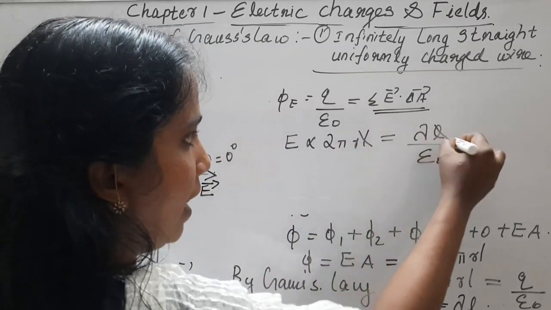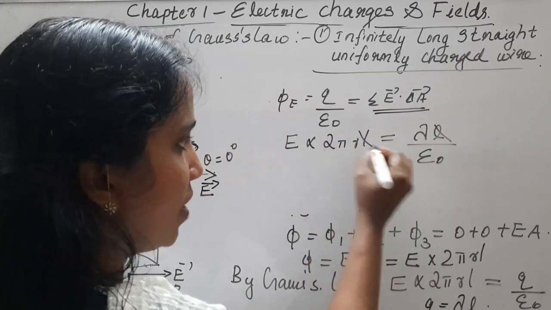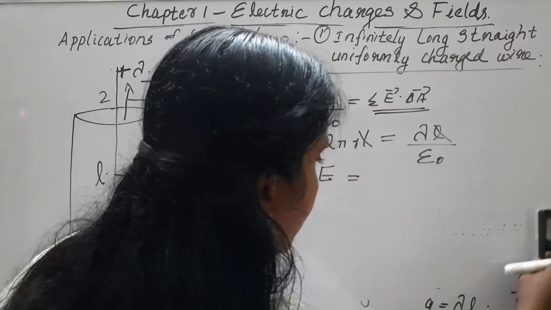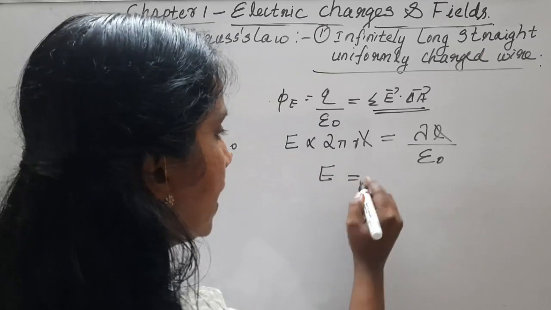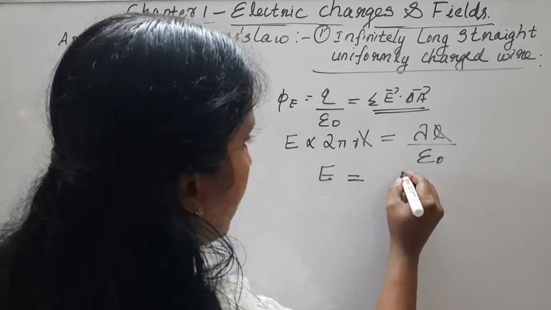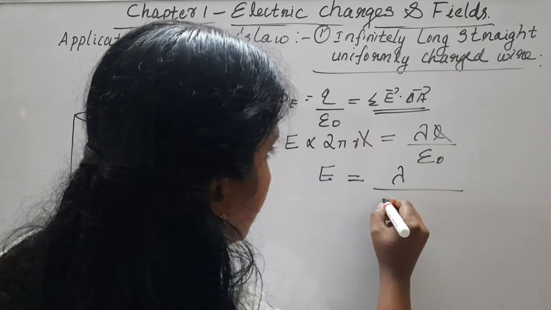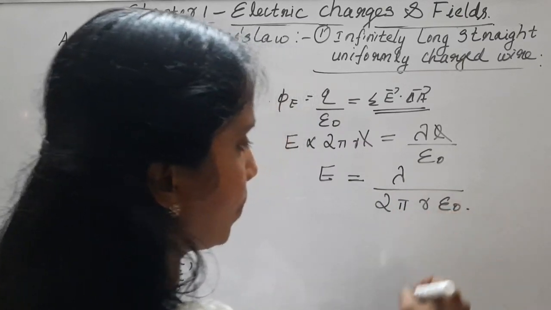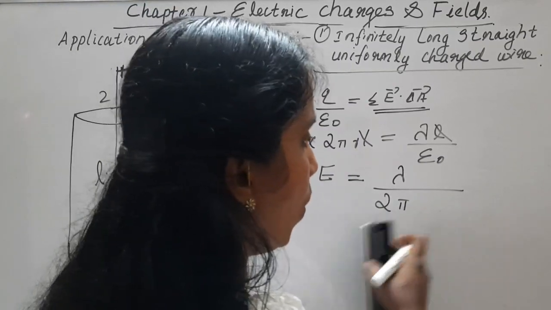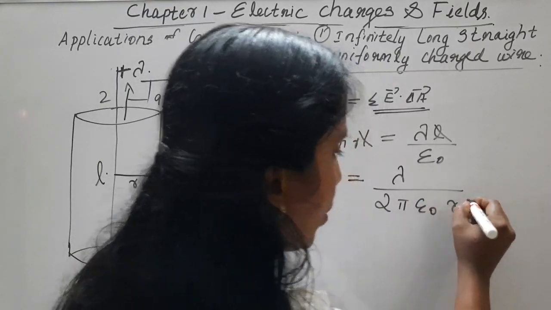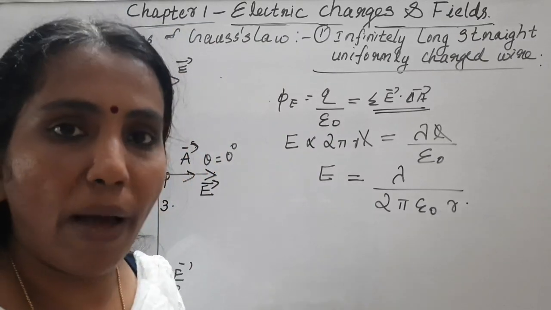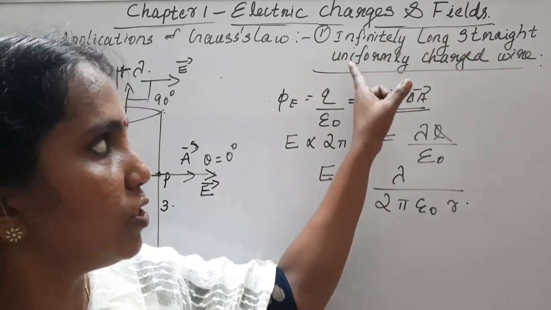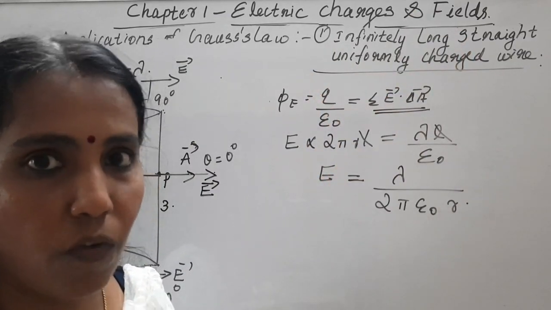This L and L will get cancelled, and just rearrange the equation to get E. So our expression for electric field becomes E is equal to lambda divided by 2 pi epsilon 0 R. This is the expression for the magnitude of electric field due to an infinitely long, straight, uniformly charged wire.